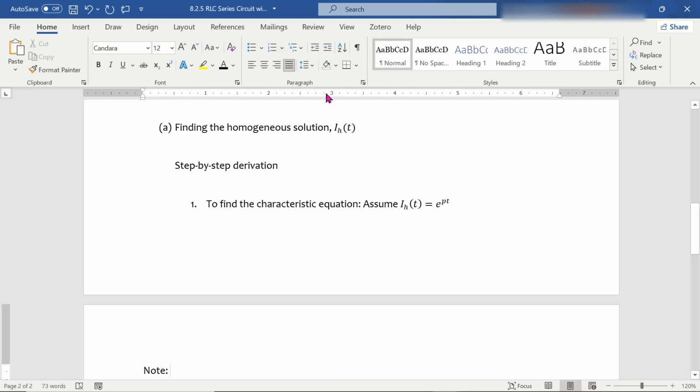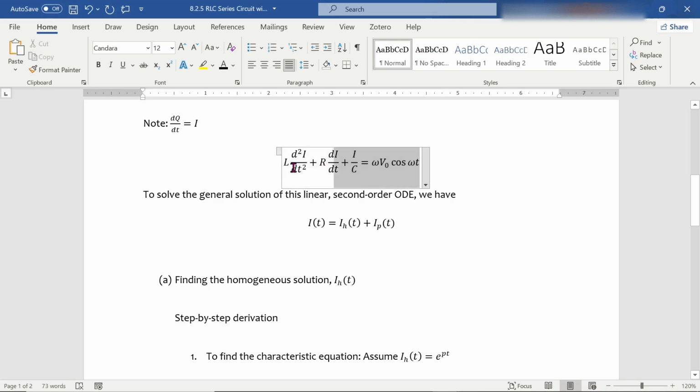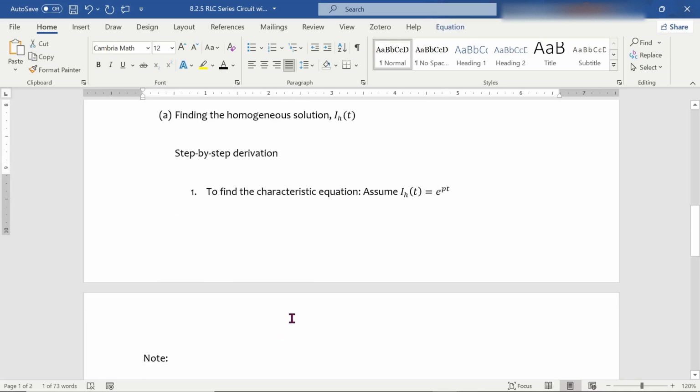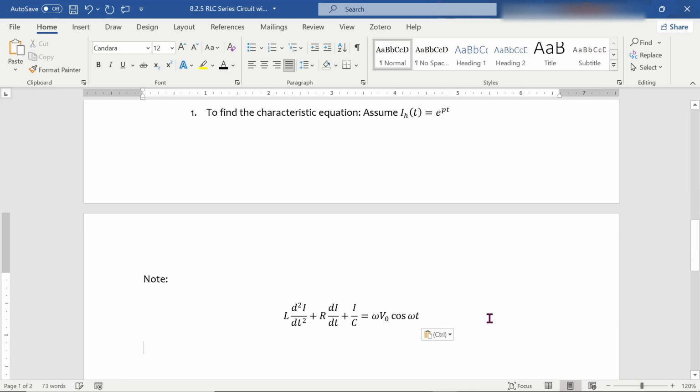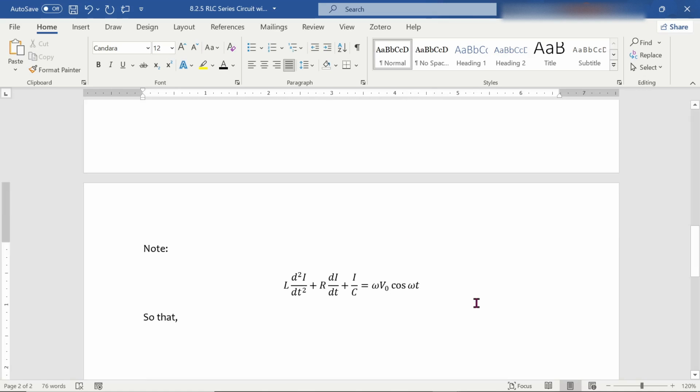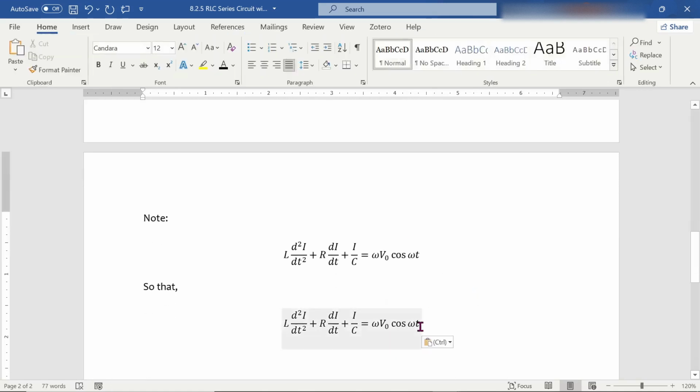Now we have to take note, what is our original equation for this? So our homogeneous equation will be equal to this one. We just have to copy it again, and since it's homogeneous, we equate this to 0, right? Which means that we have to look for the second derivative of IH with respect to t and the first derivative of IH with respect to t. No problem with IH, because we already have provided this.